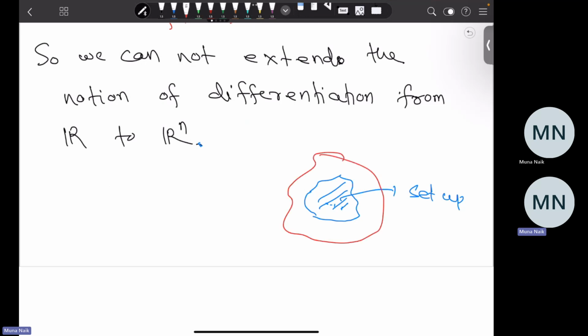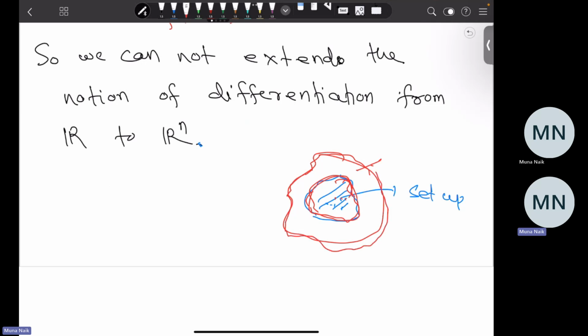It may happen that the concept which was earlier there may not easily extend to a bigger class. So what you have to do is modify that definition in the smaller class in such a way that it will be equivalent to the definition in the smaller class and that can be easily extended to a bigger class.